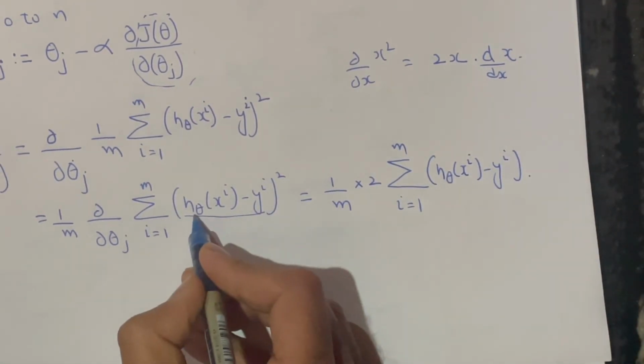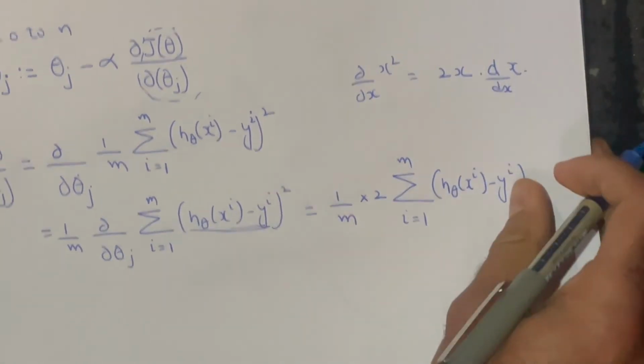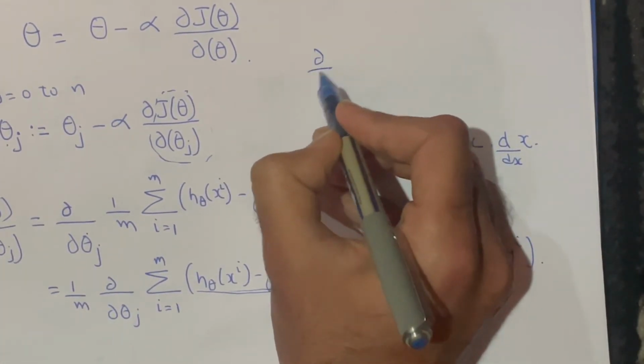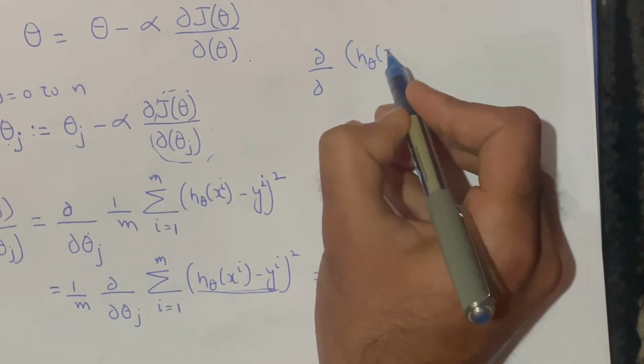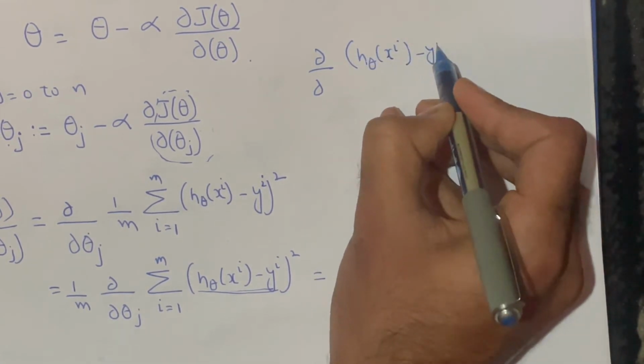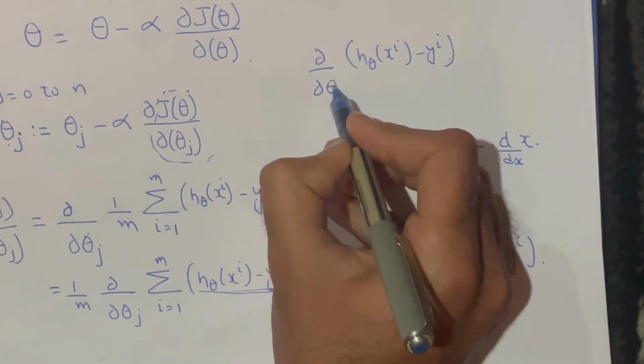So this is our x, this part. So we have to do differentiation of h of theta x i minus y i with respect to theta j.